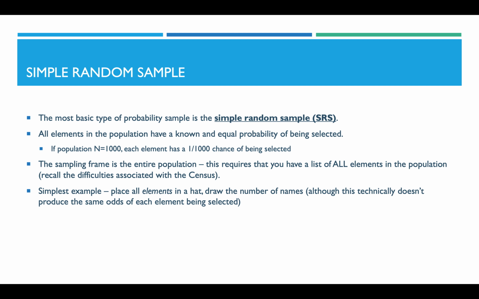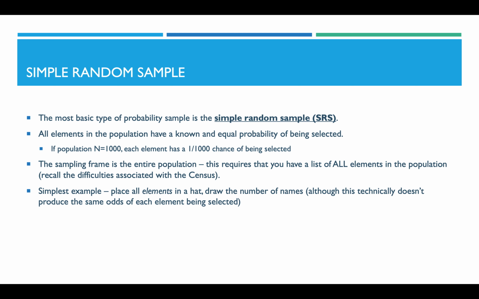But assuming that we have that list of every element in the entire population, the way that we start drawing those elements into our sample in the simplest example is just to place all of the elements into a hat, for instance, and then draw out the number of names until we reach the desired sample size. This is the classic example that your book gives, although technically this doesn't produce the same odds of each element being selected.